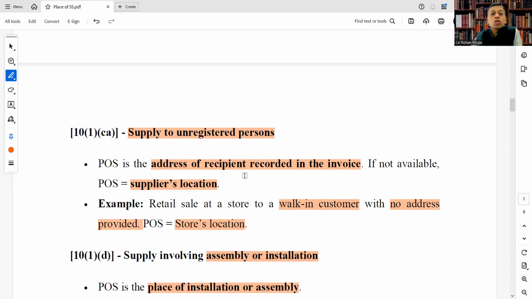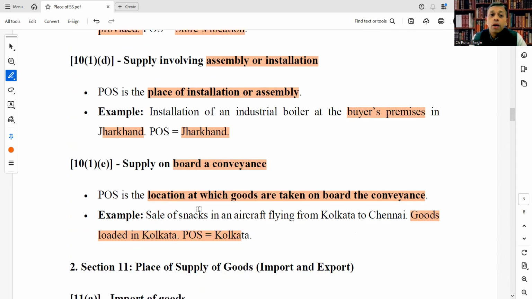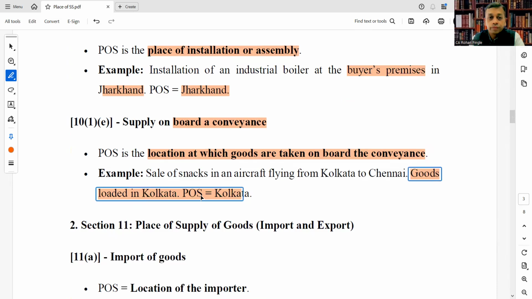Clause D talks about supply involving assembly or installation. The place of supply will be the place of installation or assembly. And clause E talks about supply on board conveyance. Place of supply will be the location at which goods are taken on board the conveyance.